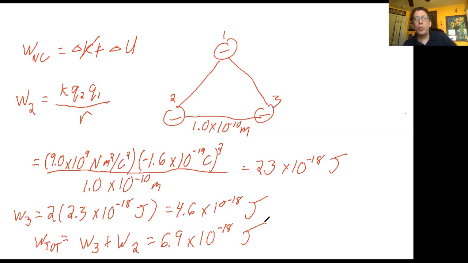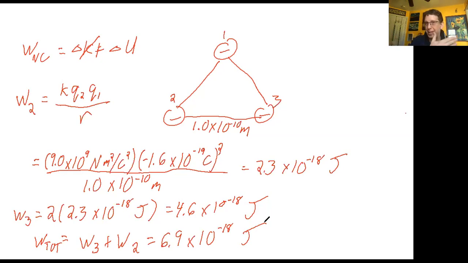So again, the work that's done or that's required to move those three into that configuration is equivalent to: you take one, you hold it in place, you take particle 2, you put it next to particle 1 at the right position and hold it in place, and then you take 3 and you put it in position and you hold that in place.